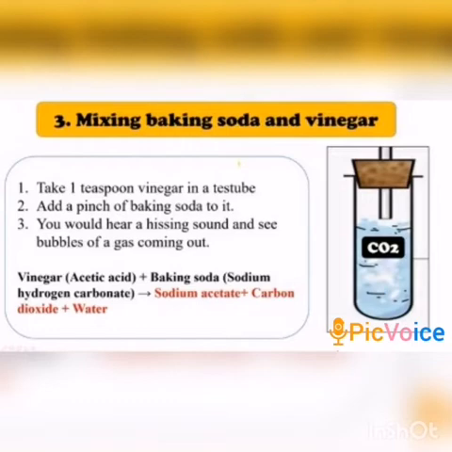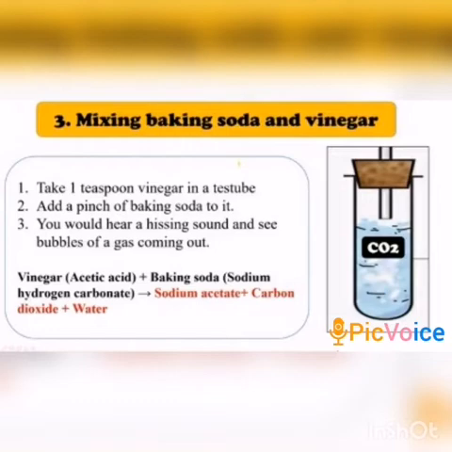Okay, dear children, what are we going to do in this activity? We are going to take about a spoonful of vinegar in a test tube and then add a pinch of baking soda to it. Vinegar contains acetic acid, and baking soda is sodium hydrogen carbonate.